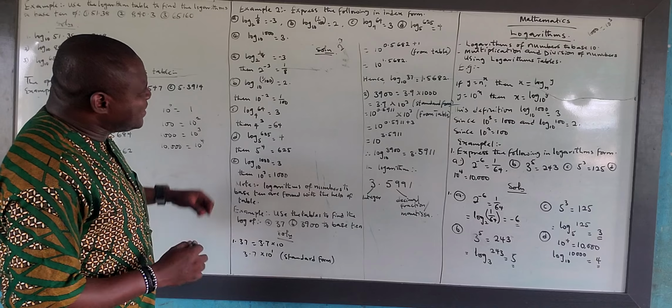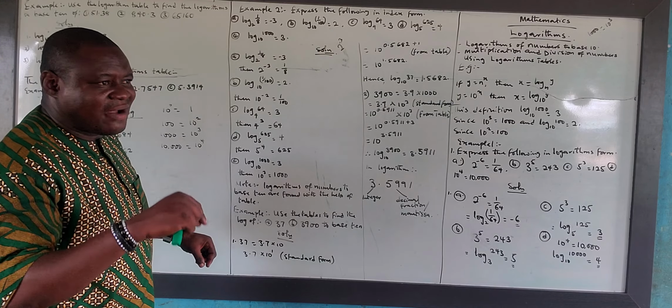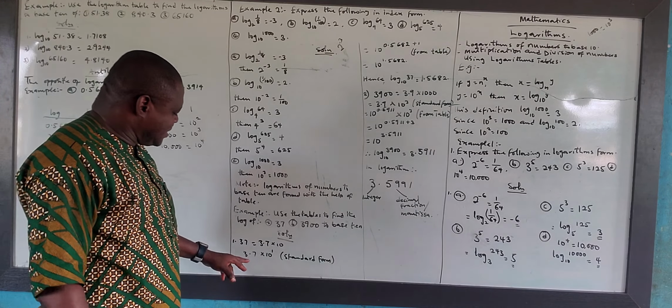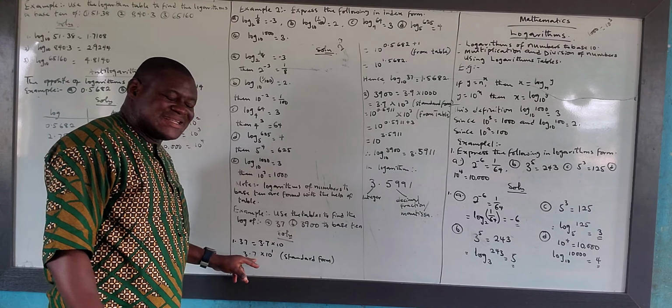Now, if we check within our 4-figure table, we check 3 under 7. What is it going to give us? It will give us 0.5682. Are you with me?